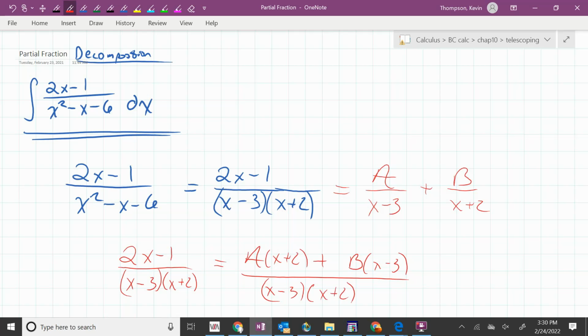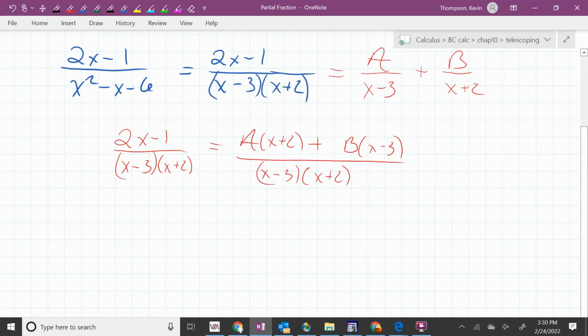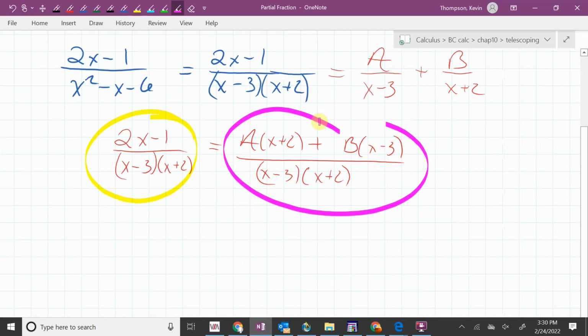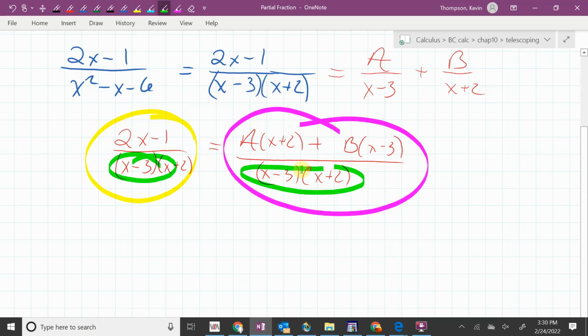I'd like to know what a and b are that's going to make this true, because then I could integrate and that's going to make this easier. Well, just as an observation, if these two fractions are supposed to be equal to each other, and if their denominators are the same, what's the necessary conclusion? The numerators are the same. You could cross multiply if you want and divide both sides by x minus 3 and x plus 2, but you're going to finish with this statement.